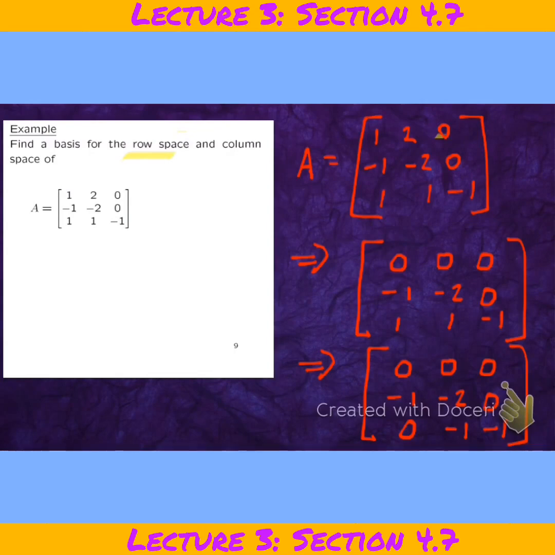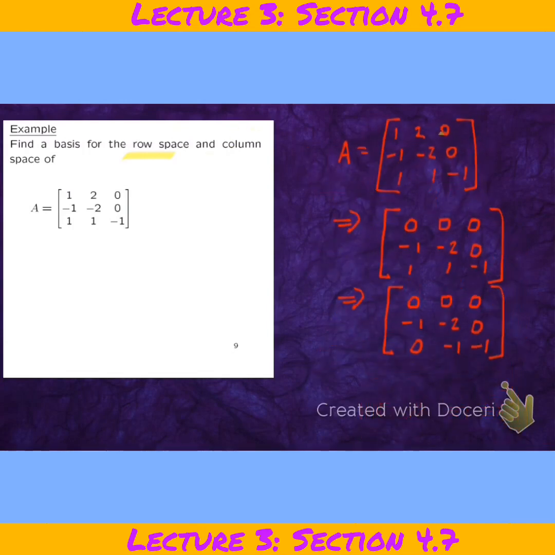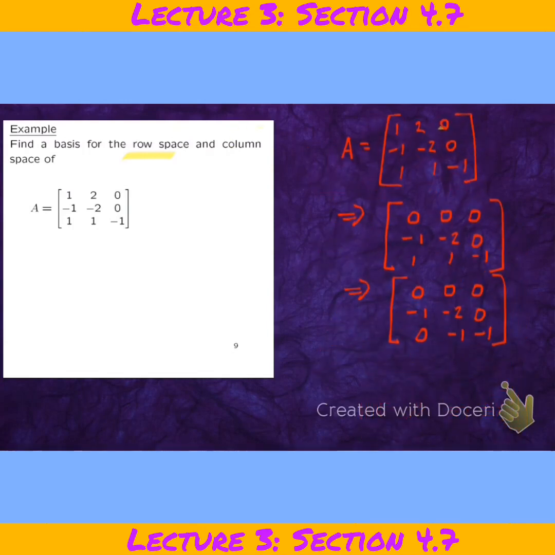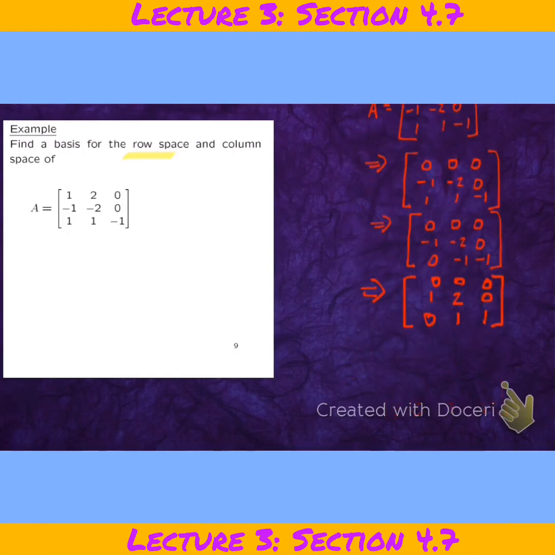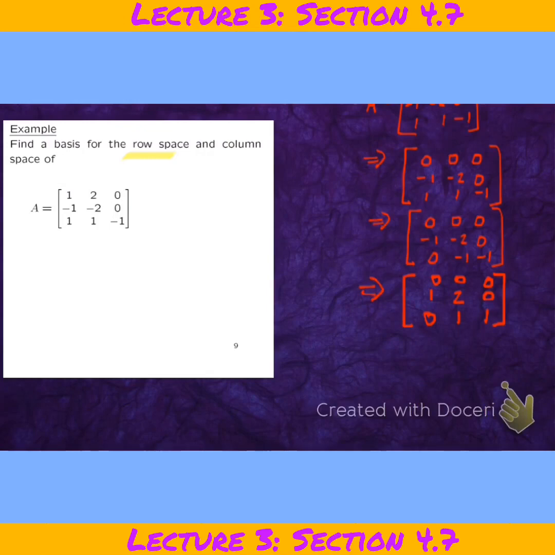Right, so we get our second row reduction. Okay, for the next row reduction, we're going to take the third row and multiply through by -1, and take the second row and multiply through by -1. All right, and lastly, we're just going to rearrange the rows as follows. So we get the last matrix there, and the leading ones occur in the first row and the second row.